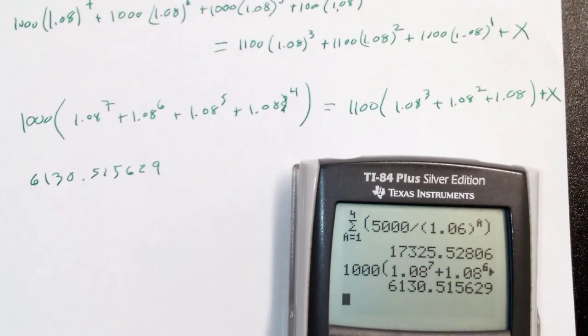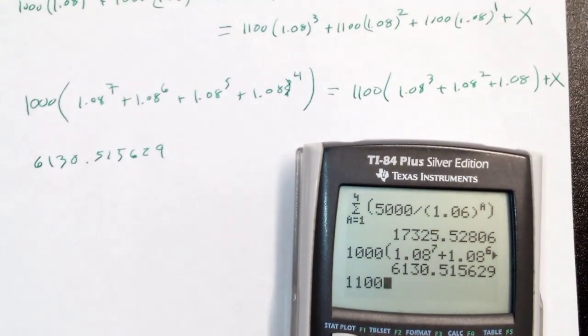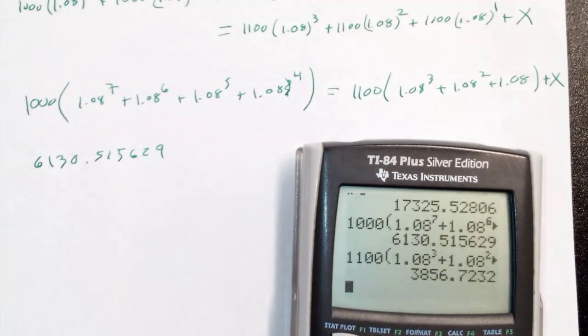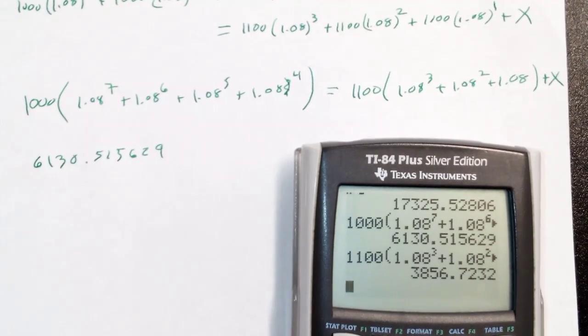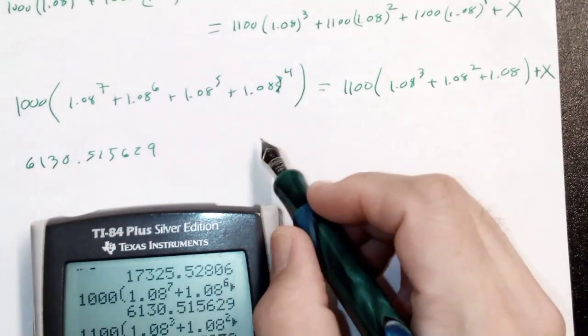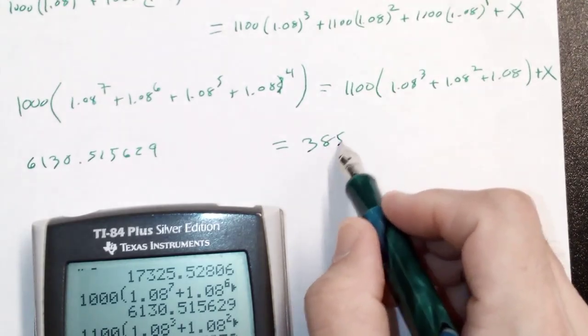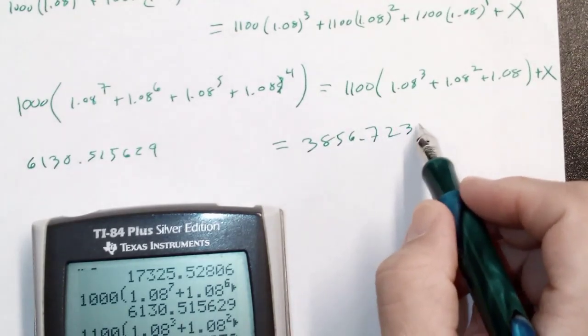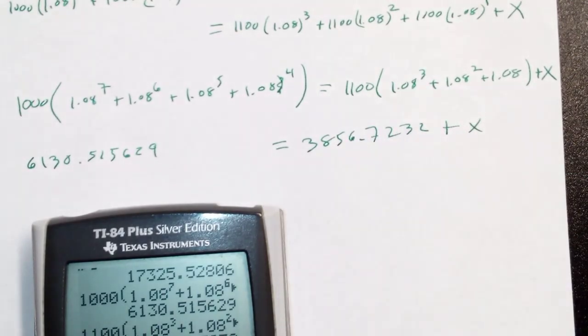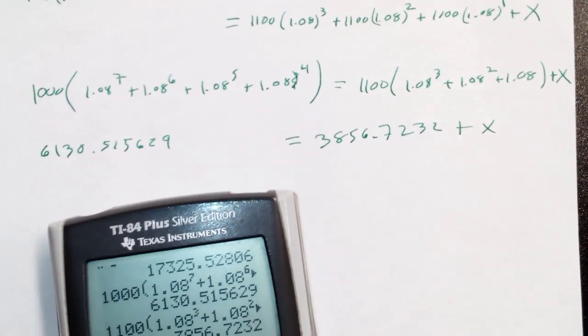Now I'm going to do the right-hand side. 1100 times 1.08 to the third plus 1.08 squared plus 1.08, 3856, 7232 plus x. So literally all I have to do is subtract.